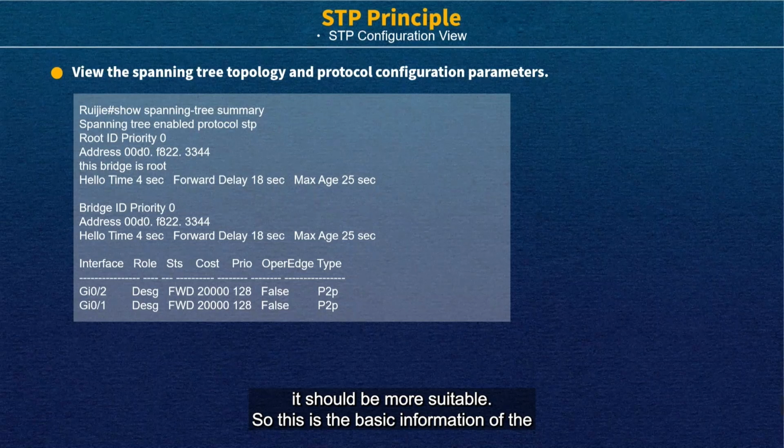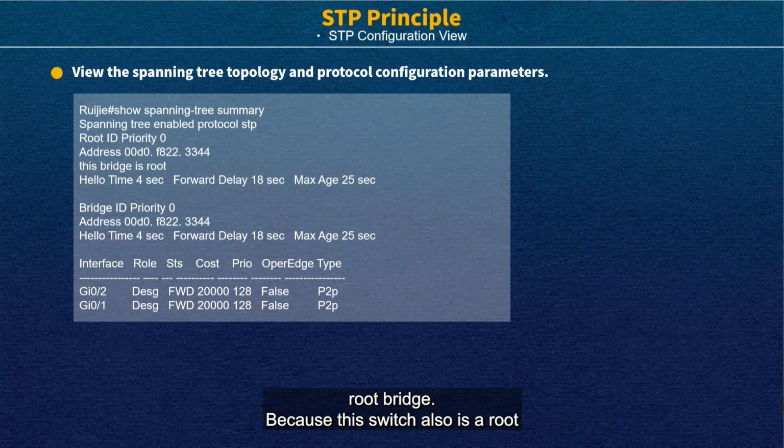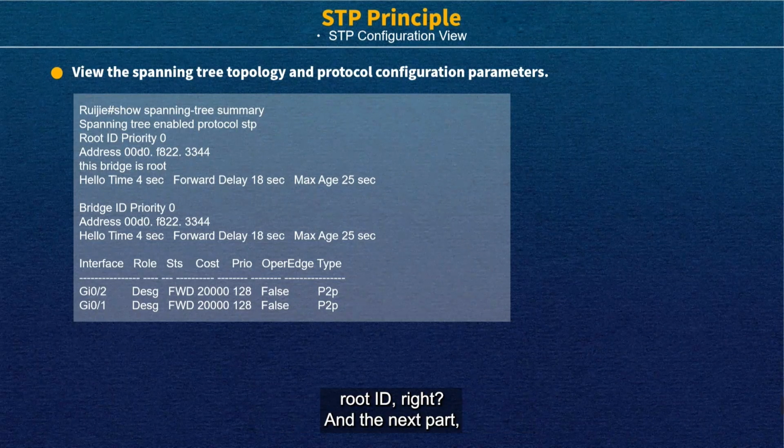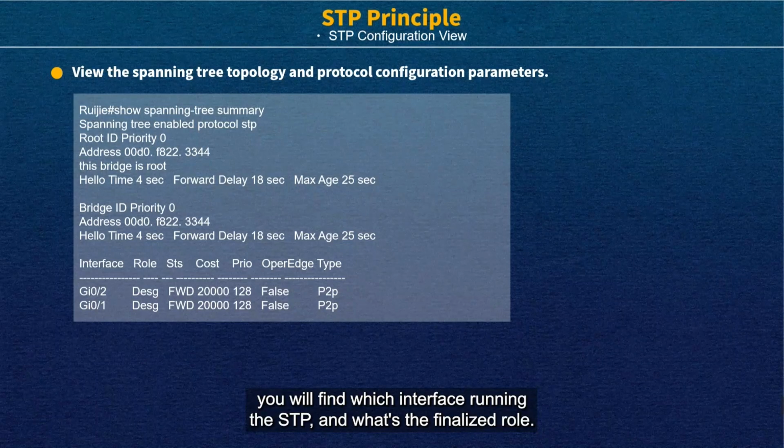So this is the basic information of the root bridge. Because this switch is also the root bridge, the bridge ID information is the same as the root ID, right? In the next part, you will find which interfaces are running STP and what the final role is.